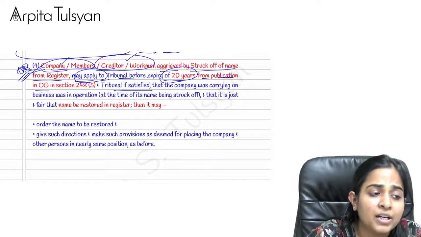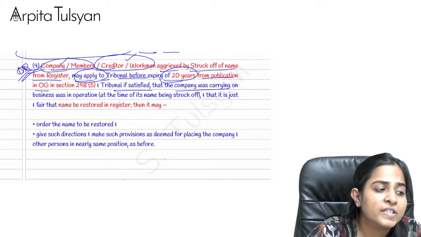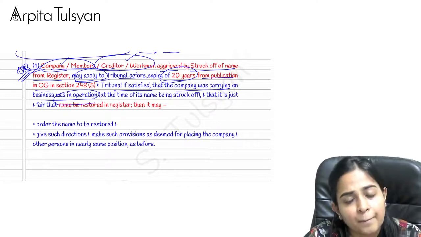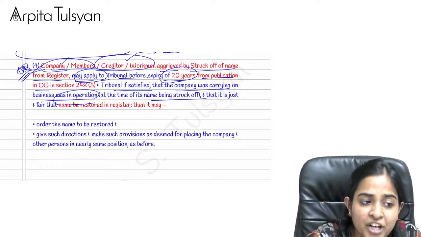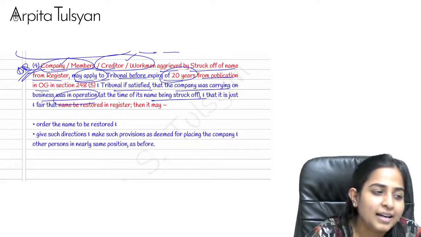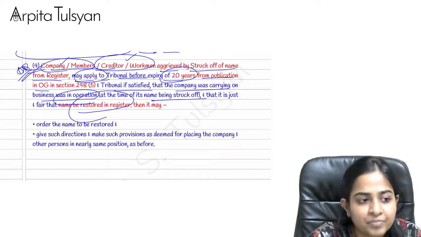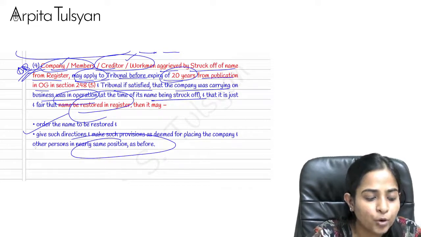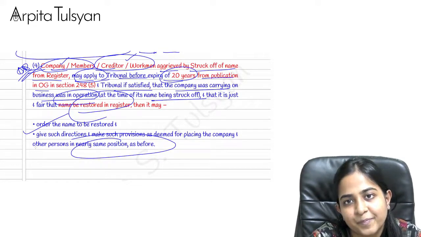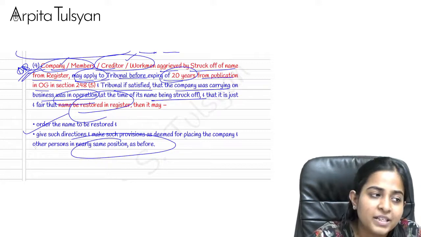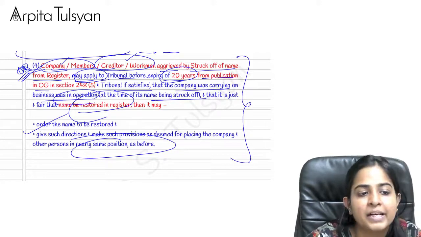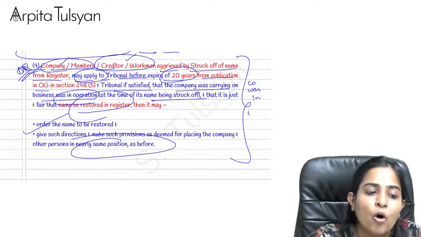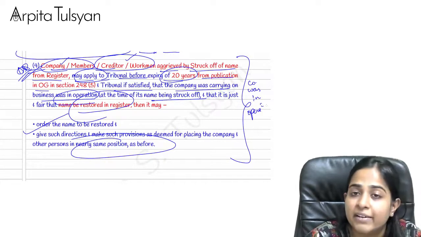If the tribunal is satisfied that the company was carrying on business, that it was in operation, meaning the company was not closed and was working fine at the time of striking off, then the tribunal can get the name restored and the company will be put in the same position. This will happen if these people prove that the company was in operation when the name was struck off.